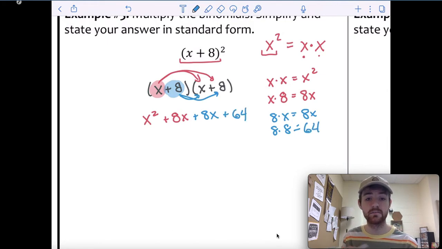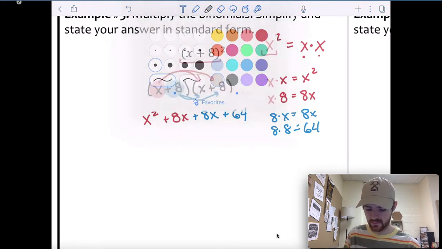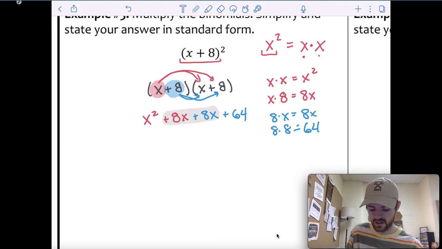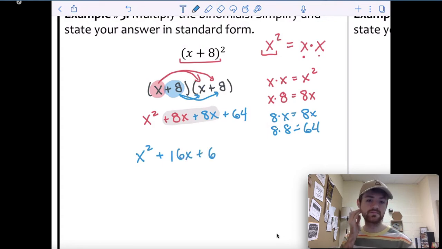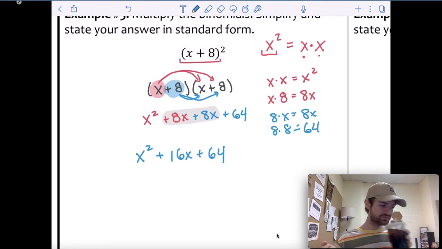Now we can combine our like terms to get x squared. 8x plus 8x will give me 16x plus 64. Question, is this in standard form? It is. So we're done.